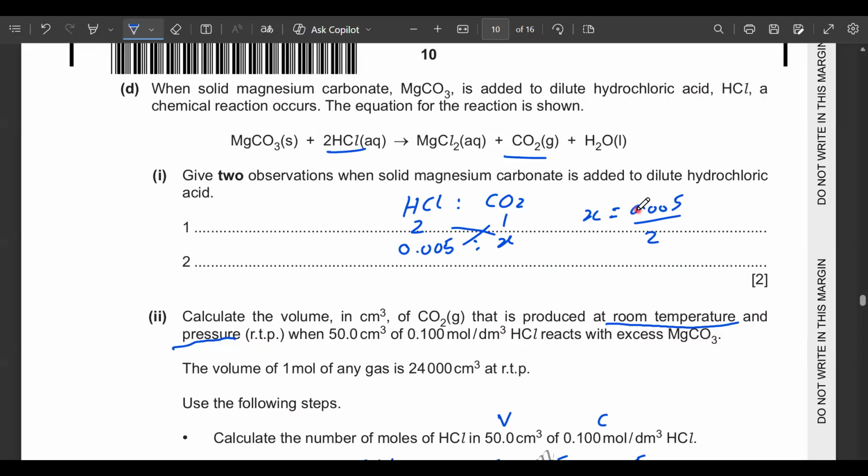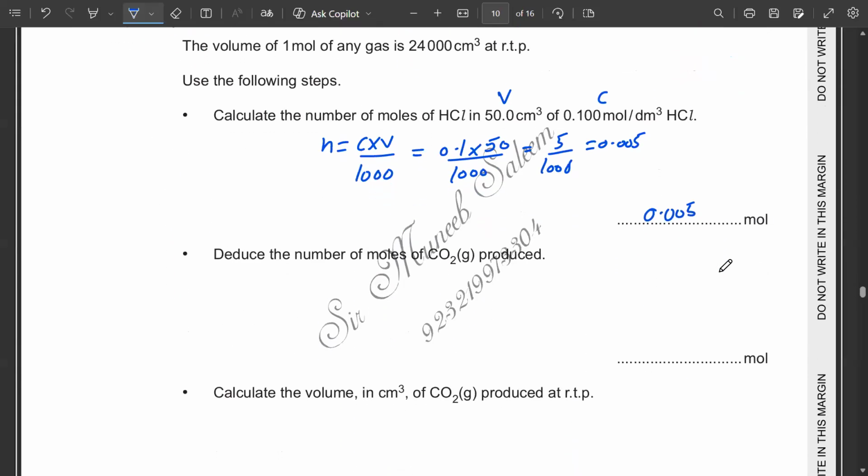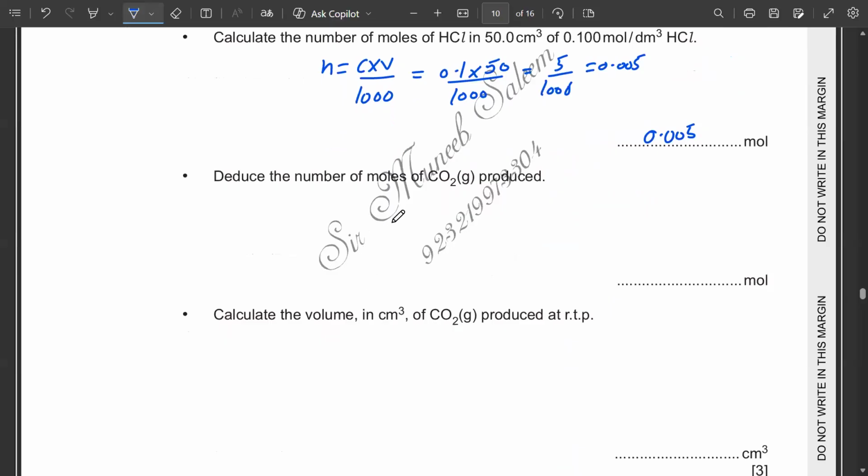The answer is 2.5 times 10 raised to the power minus 3, or 0.0025. So 0.0025 is the mole of the carbon dioxide formed.